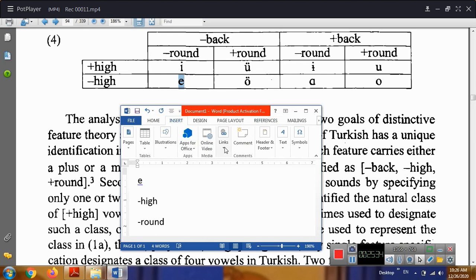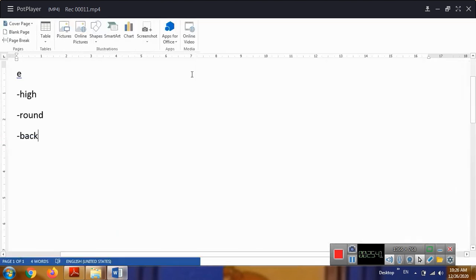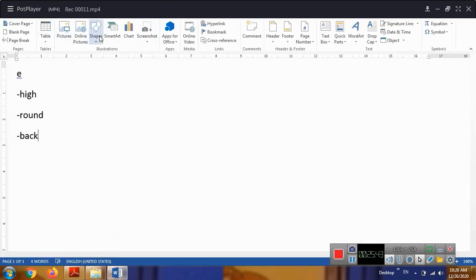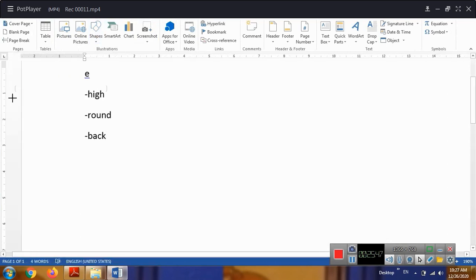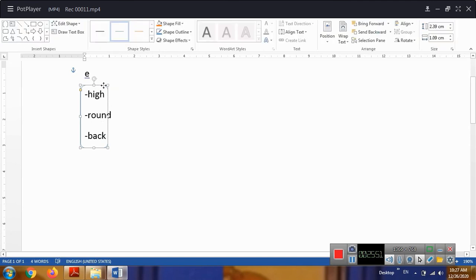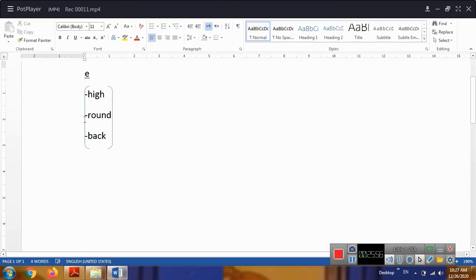Okay. A square bracket. We put such features below the sounds.